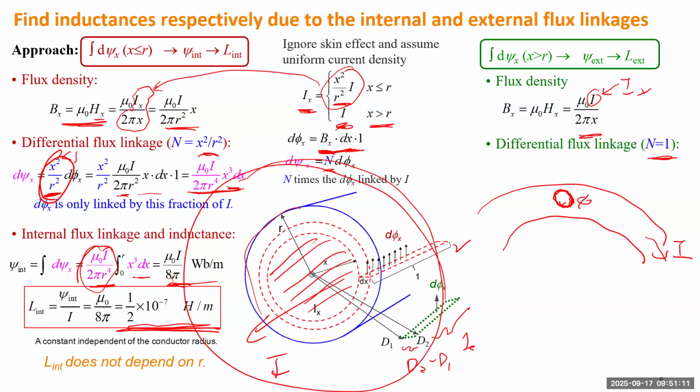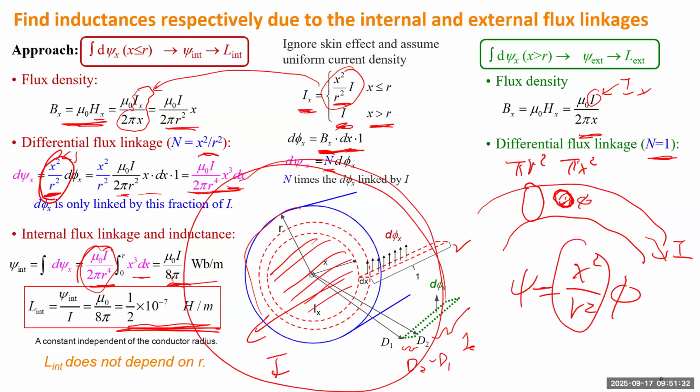So the flux linkage is equal to phi times a ratio, and this ratio is less than 1. How much less? It's like s squared divided by R squared, because pi R squared is this area and this smaller area is pi s squared. So only this part of the current is coupled with phi. So flux linkage can be lower than flux. This is different from a transformer.